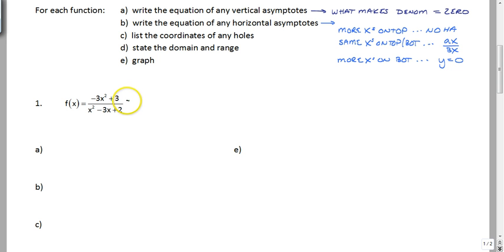So this we can factor out a -3 on the top, leaving us with an x squared minus 1, which of course we can simplify even further to a -3, an x plus 1, and an x minus 1.